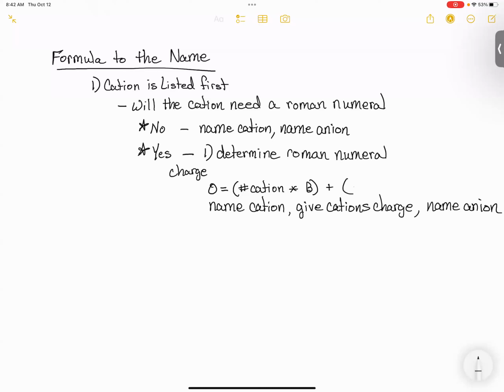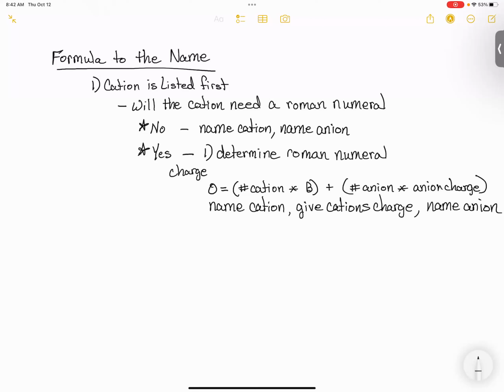Plus, it is the number of anions times the anion charge. B is just a variable. Like I said, I could use X, Y, Z, M, N, O, U, V. It doesn't matter.